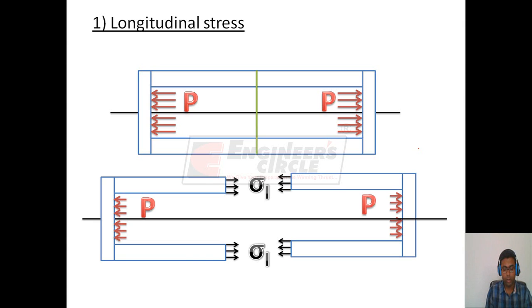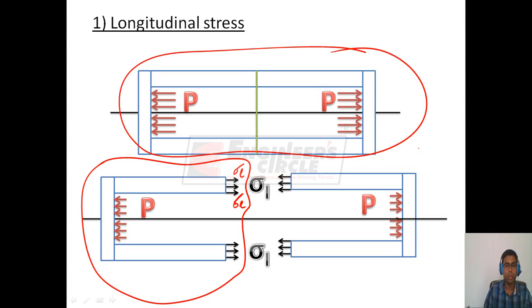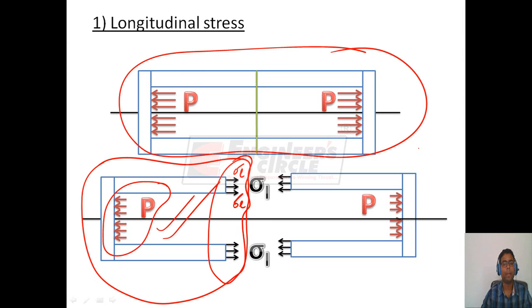So these are the longitudinal stresses acting on this part. Now consider this part. Since the entire cylinder was in equilibrium, therefore this part of the cylinder must also be in equilibrium. For this to remain in equilibrium, the force exerted by the pressure must be same as the force resisted by the stresses.